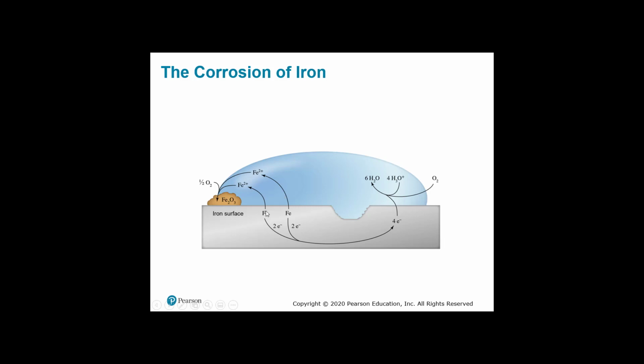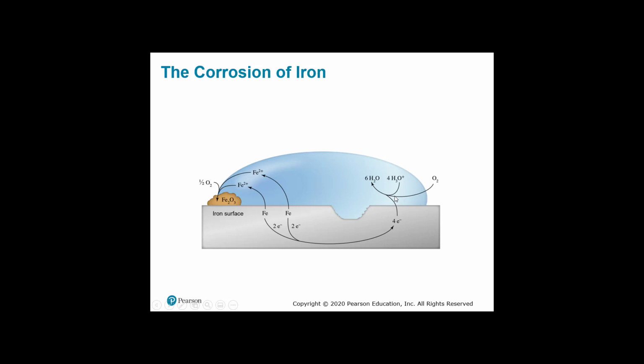Okay, so let me point out what is happening. We have iron as a solid, and it gets oxidized. Then we have the Fe2+ and the 2 electrons. So that's the oxidation reaction. The reduction is with the oxygen and the water molecules. These come together and end up producing liquid water here. So that's where the reduction, the cathode, takes place.